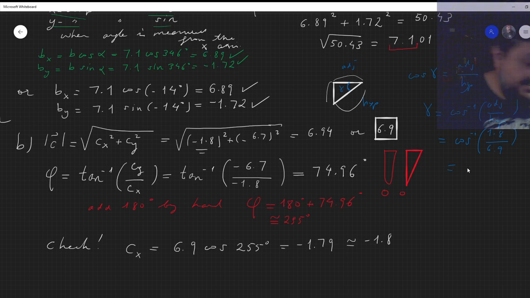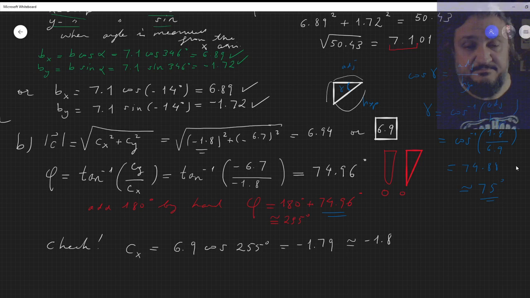So you divide 1.8 divided by 6.9, 0.26, and take the arc cosine of that, you get 74.8, which can be approximated as 75, let's say, which matches this actually, or 74.9, if you will, doesn't matter.